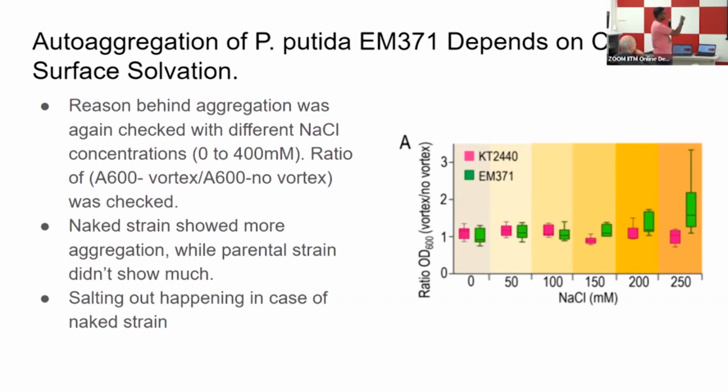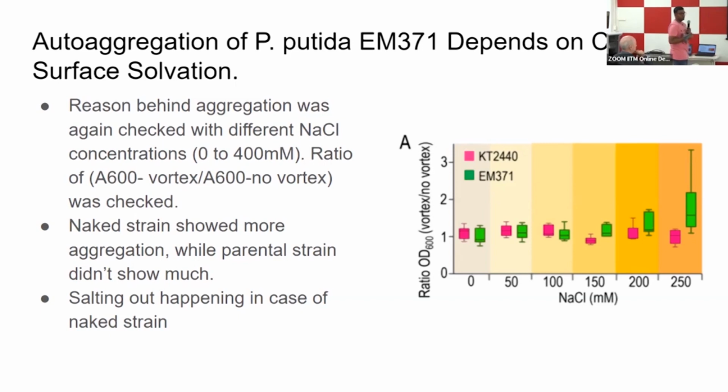The results showed that the naked strain, that is the modified strain, showed more aggregation, while the parent strain didn't show much. This is a box and whisker plot, and the two strains are represented here. The purple pink one represents the parental, while green represents the modified strain. This is the ratio of vortex by non-vortex. The more the ratio, the more flocculation there is. Green, the modified strain, is showing more ratio.